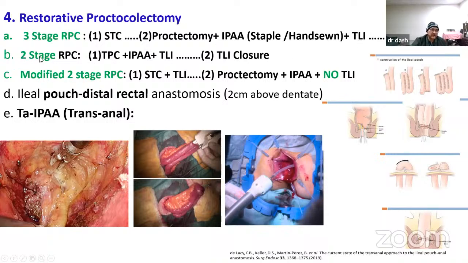In a traditional two-stage restorative proctocolectomy, we do a total proctocolectomy and an ileal pouch anastomosis and a temporary loop ileostomy in the first stage. This is where the disease is quiescent, and there is no emergency procedure done in this patient. And then after 3 months, we do an ileostomy closure.